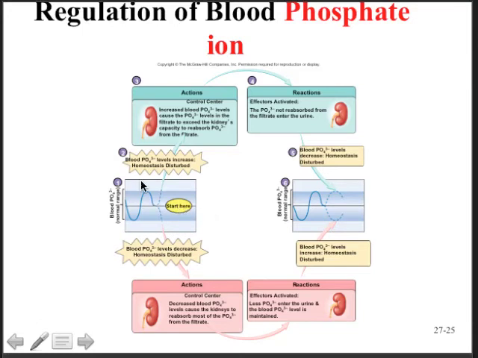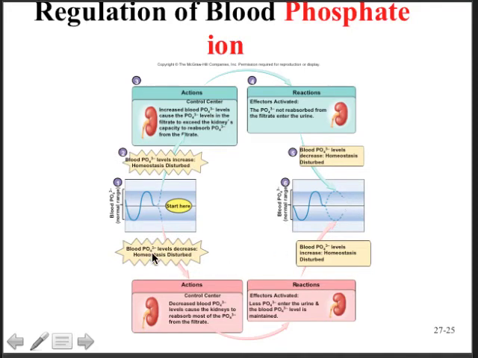So if we start here with our homeostatic window, and we see blood phosphate levels going up, what's going to happen is that we're going to see increased blood phosphate, causing the phosphate levels in the filtrate to exceed the kidney capacity to reabsorb the phosphate from the filtrate, and the result is that it's going to enter the urine and be excreted from the body, and the levels are going to drop back to normal.